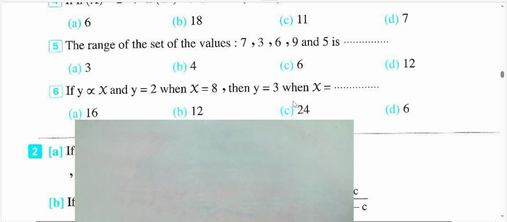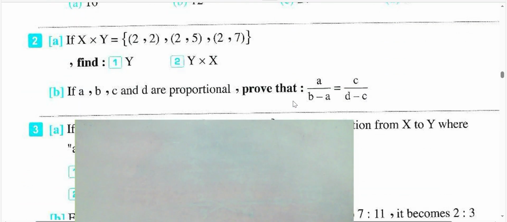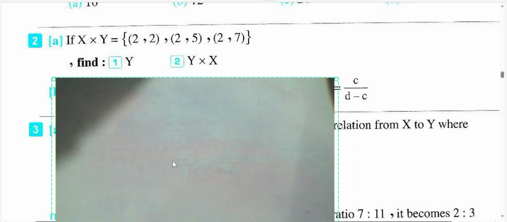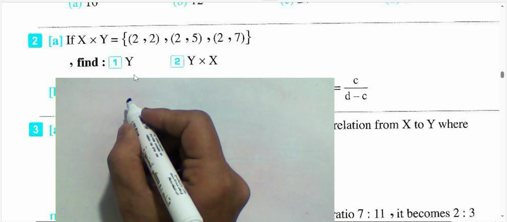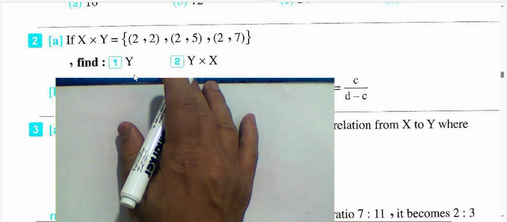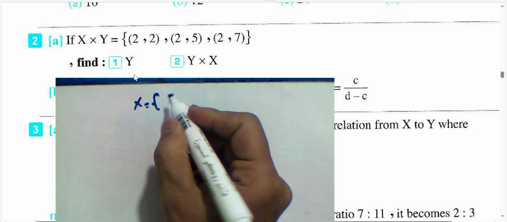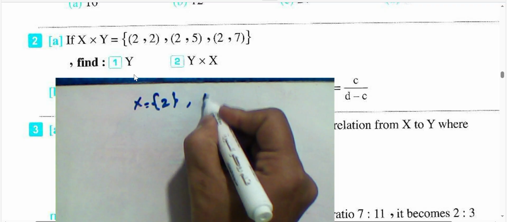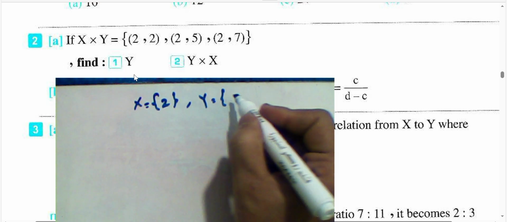Number 2. If the Cartesian product x by y equals the set of (2,2), (2,5), (2,7). We can find the set of x and the set of y. The elements of x, the first projection, is 2 only, and the set of y, the second projection, here is 2, 5, 7.